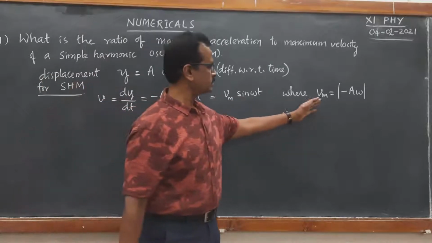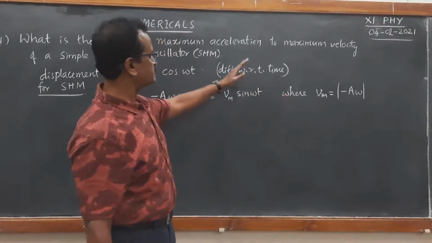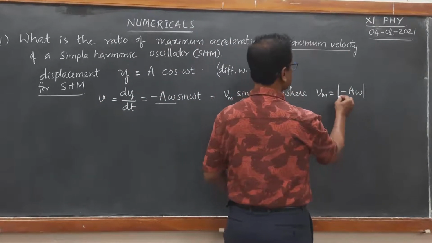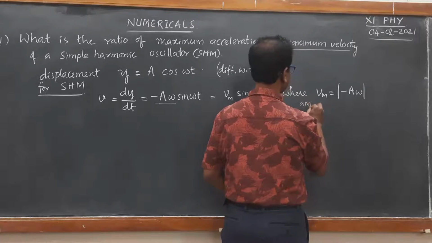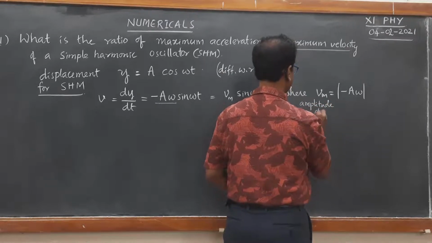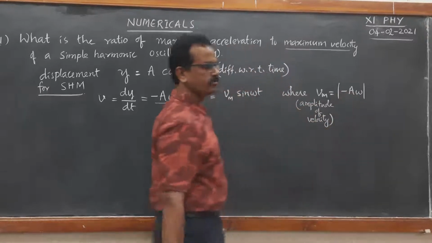Therefore, we can take it as the amplitude of velocity, that is V max, the maximum velocity.